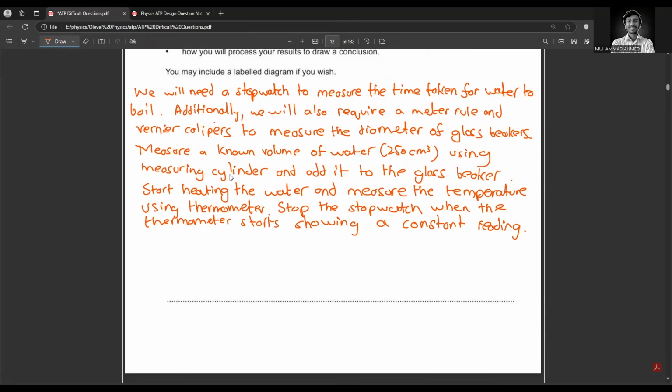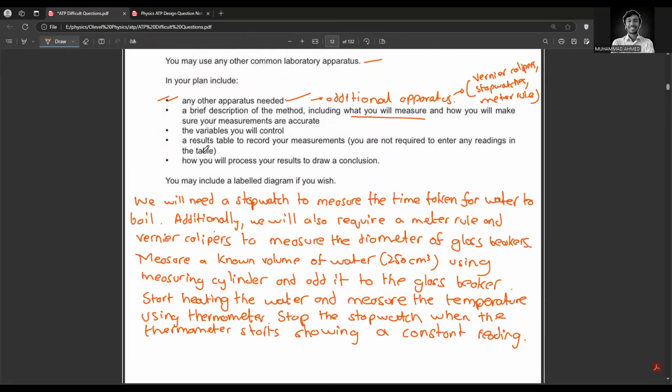Because when the thermometer starts showing a constant reading, that means you have reached the boiling point. Simple. So this is the crux of your experiment. This caters a brief description of the method.